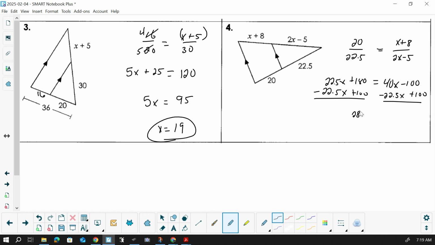That's 280. Equals, and let's see, 40x minus 22.5 is 17.5x. Divide both sides by 17.5, and we get 280 divided by 17.5. Ooh, that came out evenly at 16. And there's number 4.